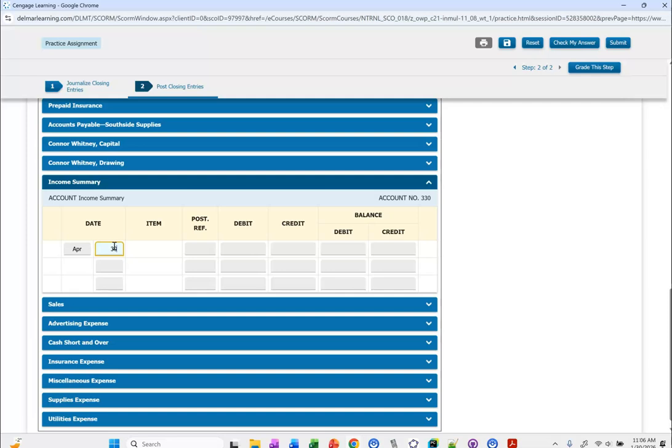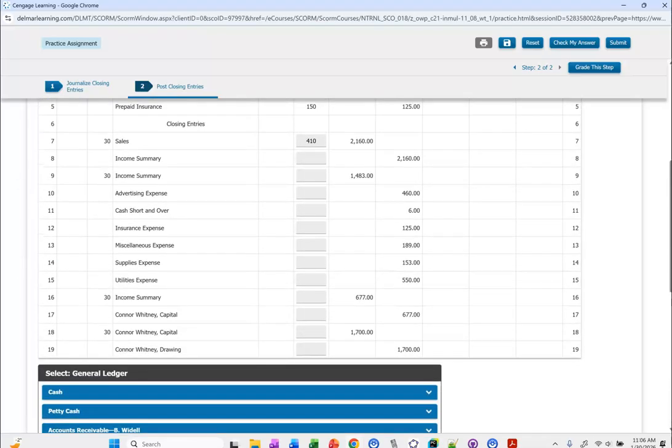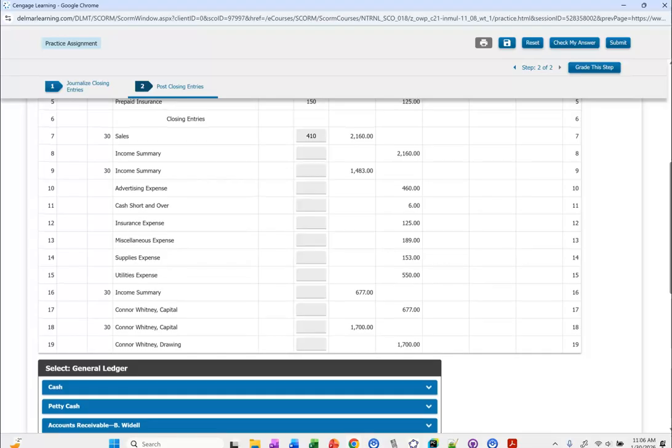So April, and then everything happens at the end of the month. Everybody's on page 8. And then I'll go back up and look here. I should fill in those numbers too while I'm thinking about this: the account is 330. Let's do that real quick.